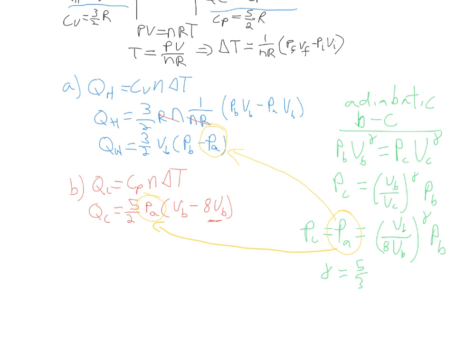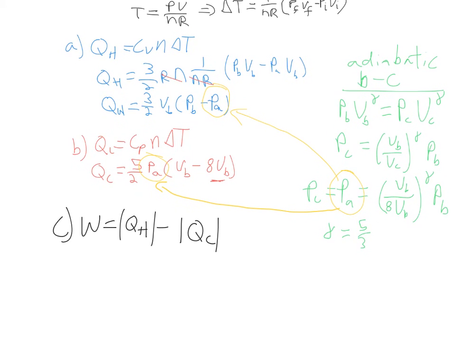Once you've done that, you can very easily determine the last two parts of the problem. Part C asks you for the work, which is going to be equal to the magnitude of QH minus the magnitude of QC, again magnitude since QC will be negative. And then part D is just your efficiency, which is the work over QH.